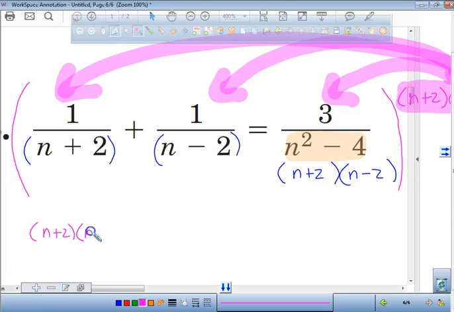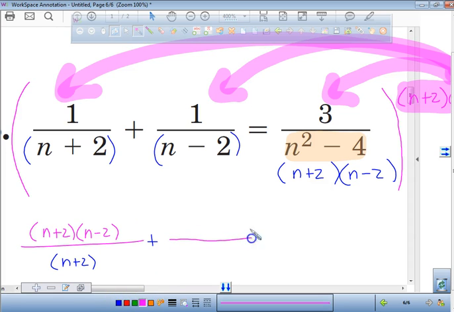Number 1 times n plus 2 and n minus 2 is n plus 2 and n minus 2, and that's over n plus 2, plus 1 times n plus 2 and n minus 2 is n plus 2 and n minus 2, and that one's over n minus 2, equals.